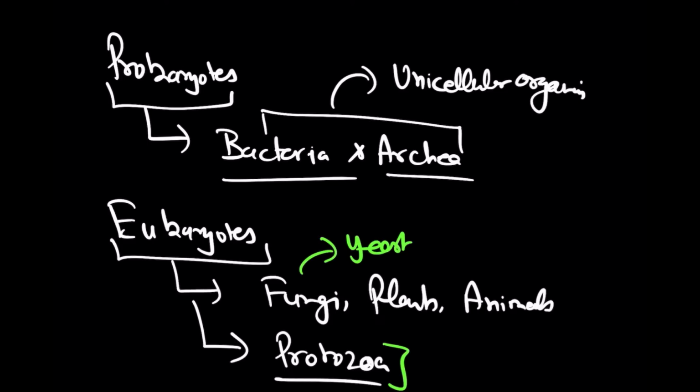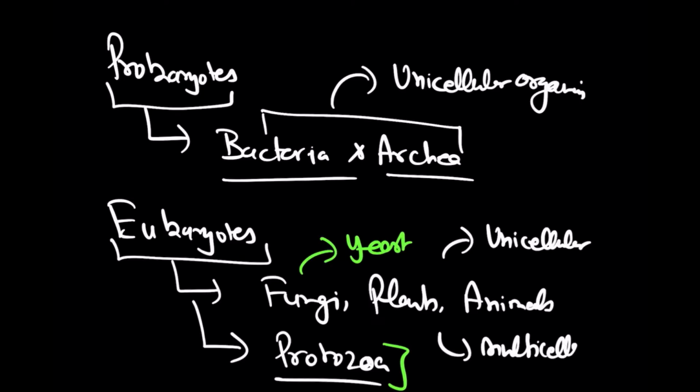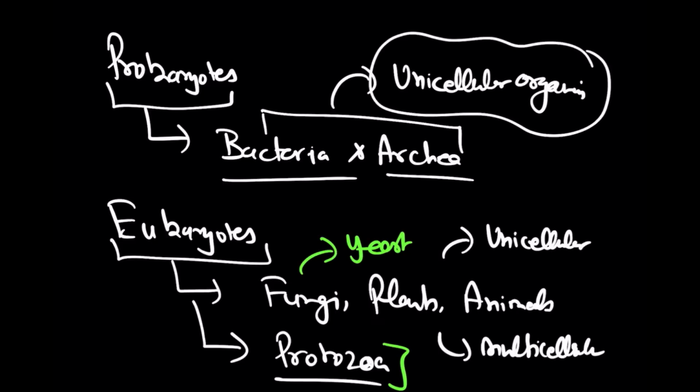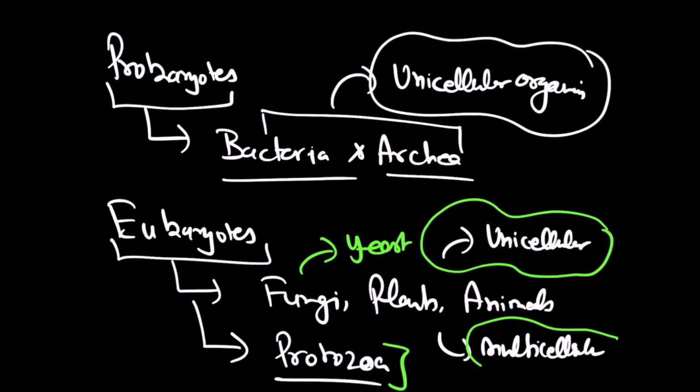So here you can see both unicellular as well as multicellular organisms. So keep in mind, in case of prokaryotes you are going to see unicellular organisms, but in case of eukaryotes you are going to see both unicellular as well as multicellular organisms.